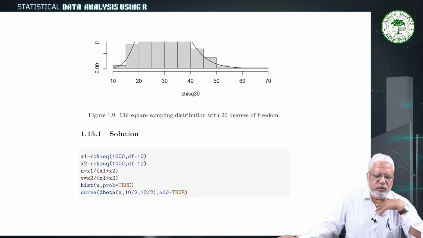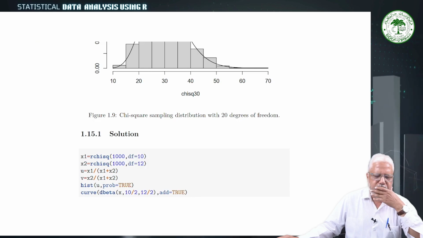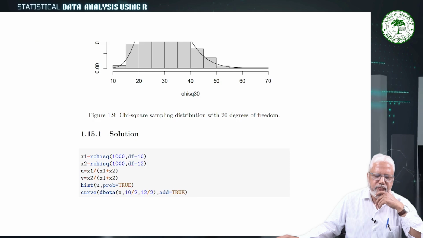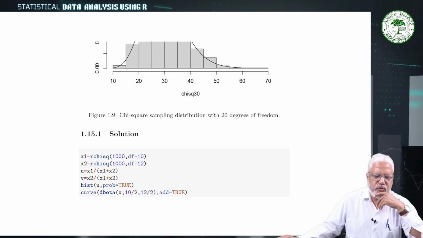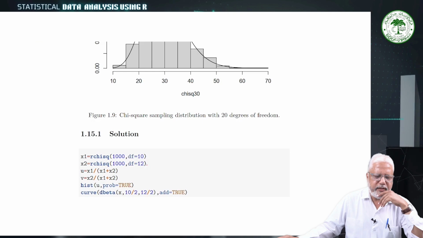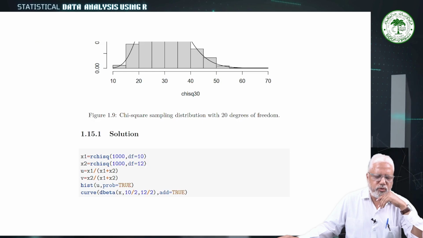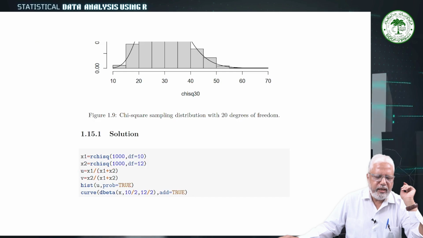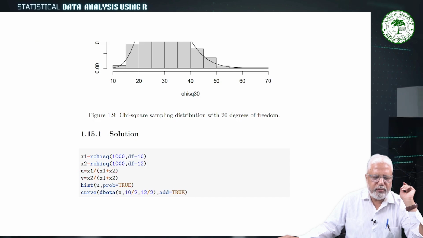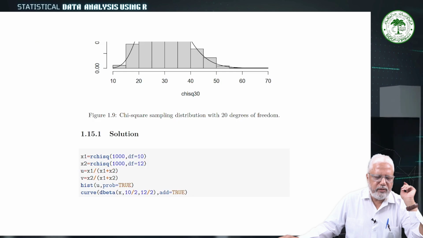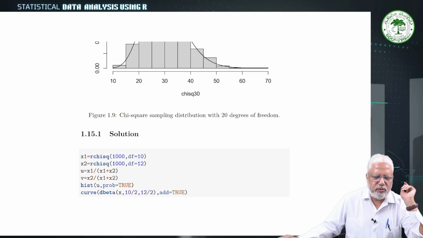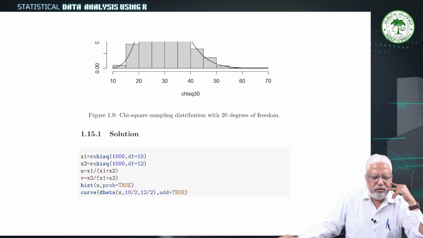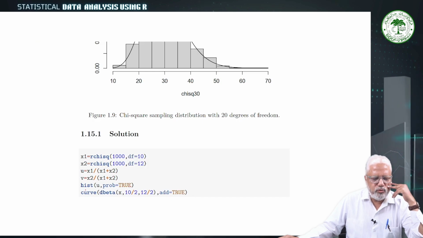In x2 we are simulating 1000 observations with the degree of freedom 12, and then we are going to define a new variable u is equal to x1 upon x1 plus x2, another variable v is equal to x2 divided by x1 plus x2, and then we are making the histogram of u.